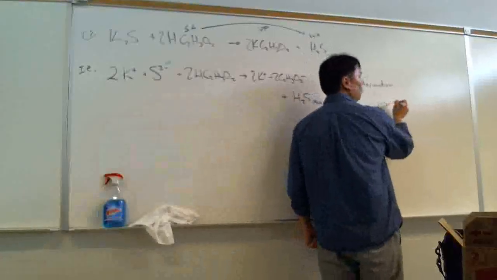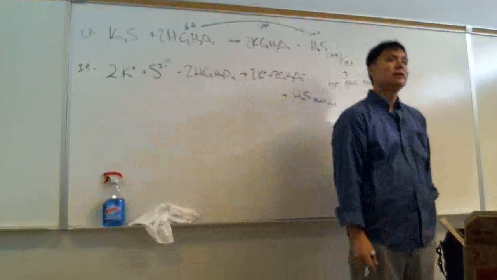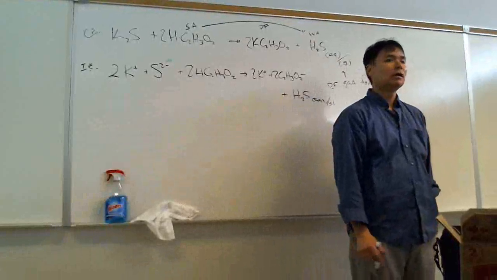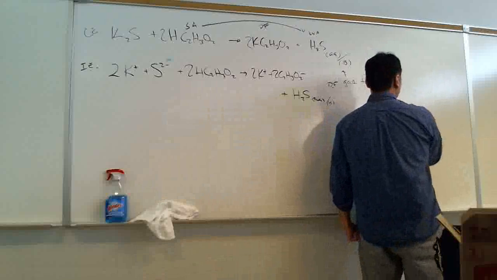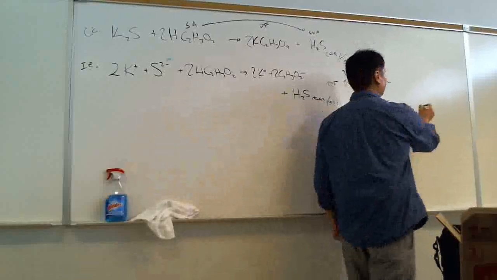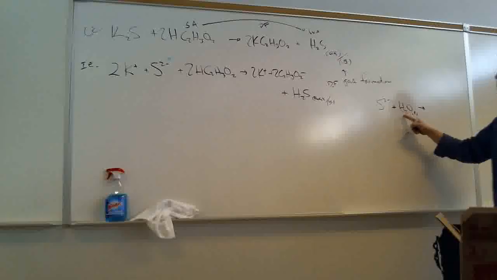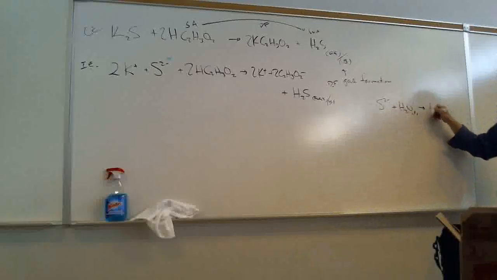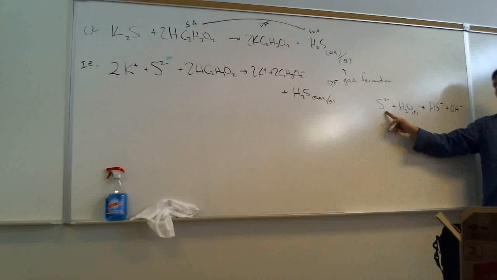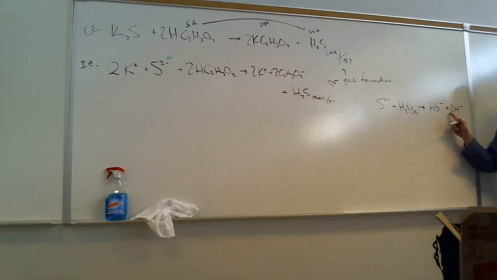Sulfide cannot exist in water. You know why? Because it's a powerful base. And the powerful bases are going to hydrolyze close to 100% to form this. Sulfide's going to attack water to form HS minus and hydroxide. And so if I had any sulfide in the water, the sulfide gets converted to HS minus and hydroxide.